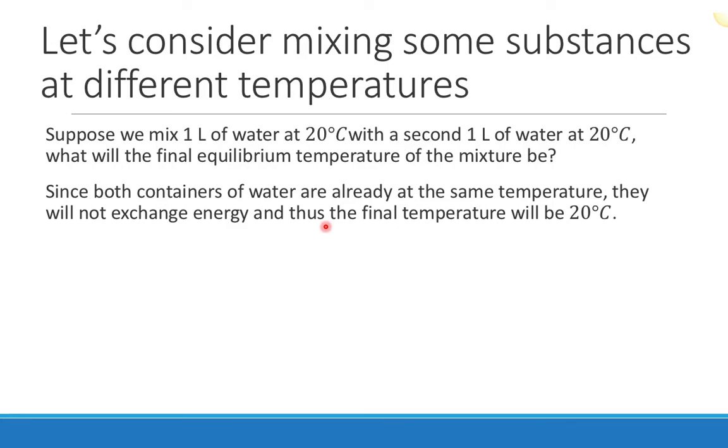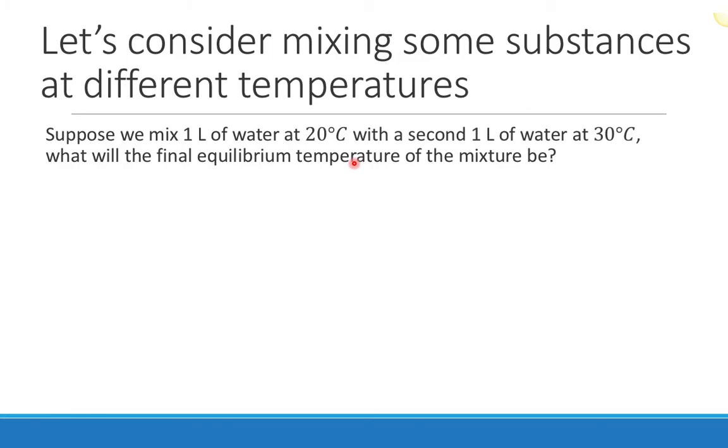So the final temperature is just going to be 20. In order to mix two substances together and see any effect, they have to be at different temperatures, right? So you have to have them at slightly different temperatures to see a temperature change. So now it's just going to be at 20.